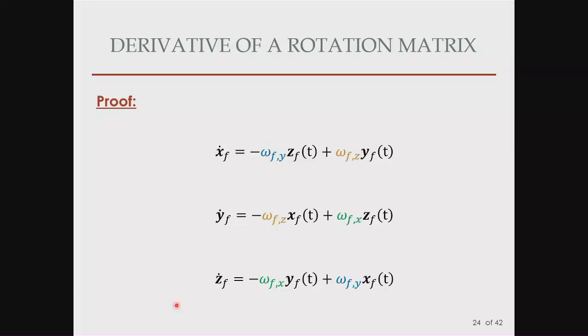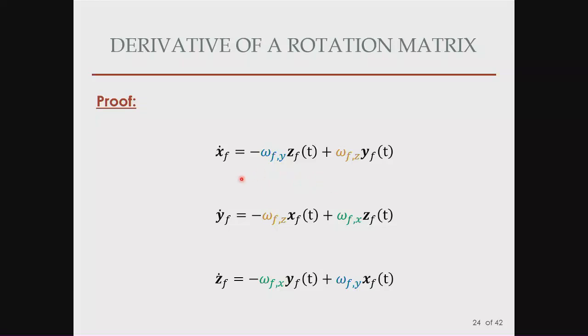Now, these are vector equations, and they are quite interesting. Let's pause a little bit. The colorful things are components of the angular velocity vector, the angular velocity of frame F projected onto the axes of frame F: omega fx, omega fy, omega fz.